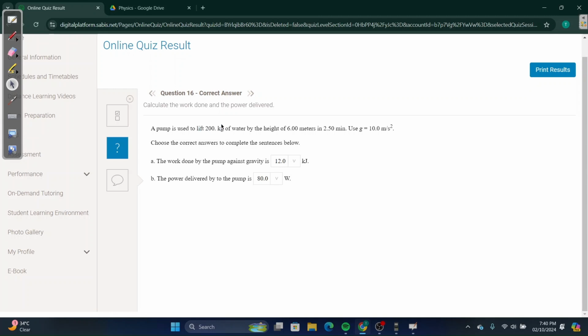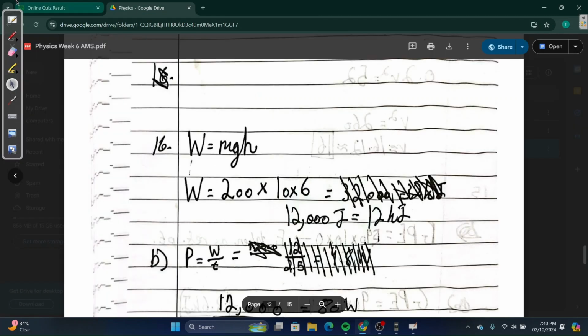Okay, so the mass is 200, the height is 6, and you don't need the time. We don't need the force, it's mgh, never mind. 200 times 10 times 6, 200 times 10 is 2,000, 2,000 times 6 is 12,000. They want it in kilojoules, so cross 3 zeros out because you're dividing by 1,000, 12 kilojoules.